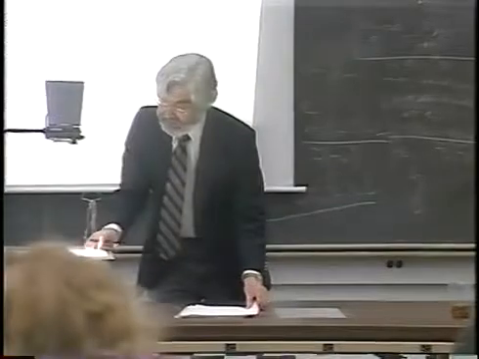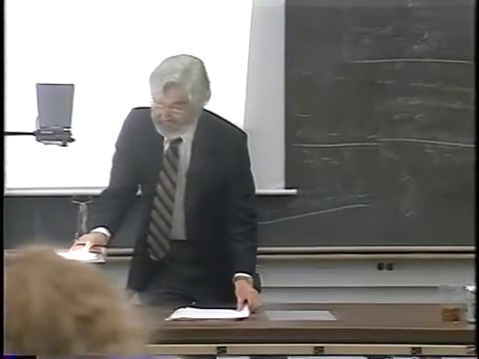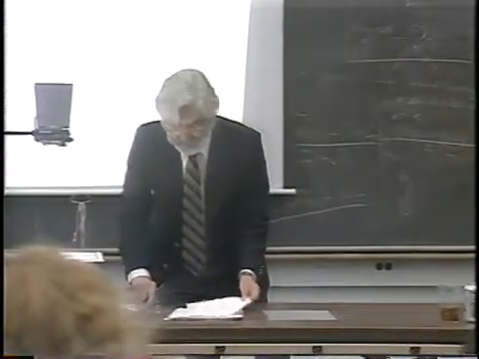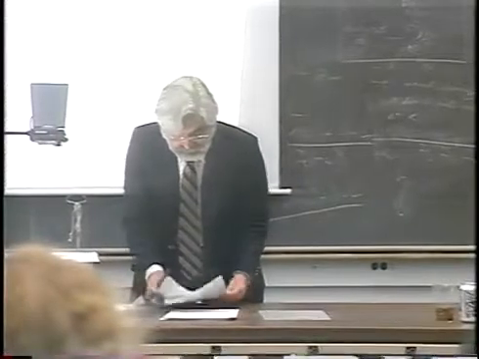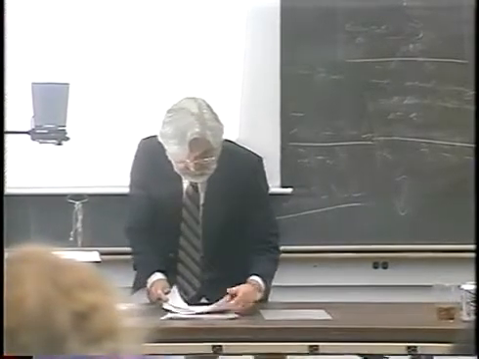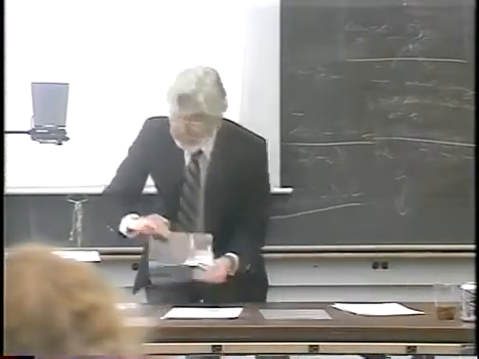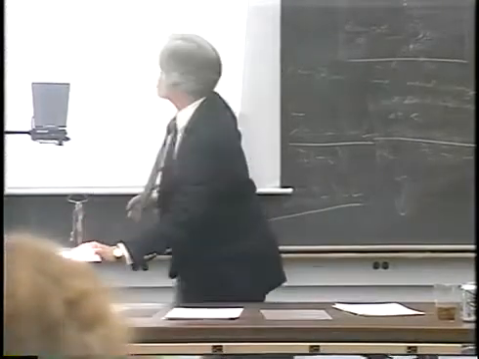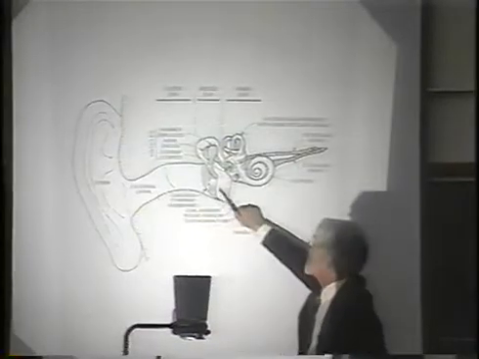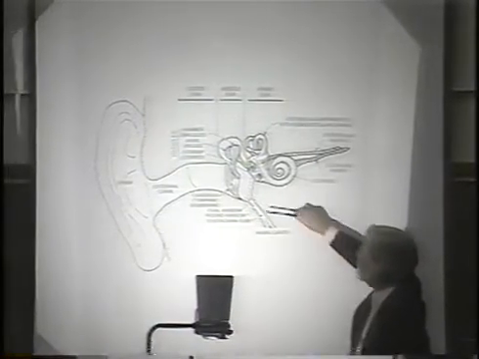Okay, let me say something then about the anatomy and the physiology. So here we have a familiar representation of the ear. Sound comes into the external ear canal. It vibrates the eardrum, the tympanic membrane.